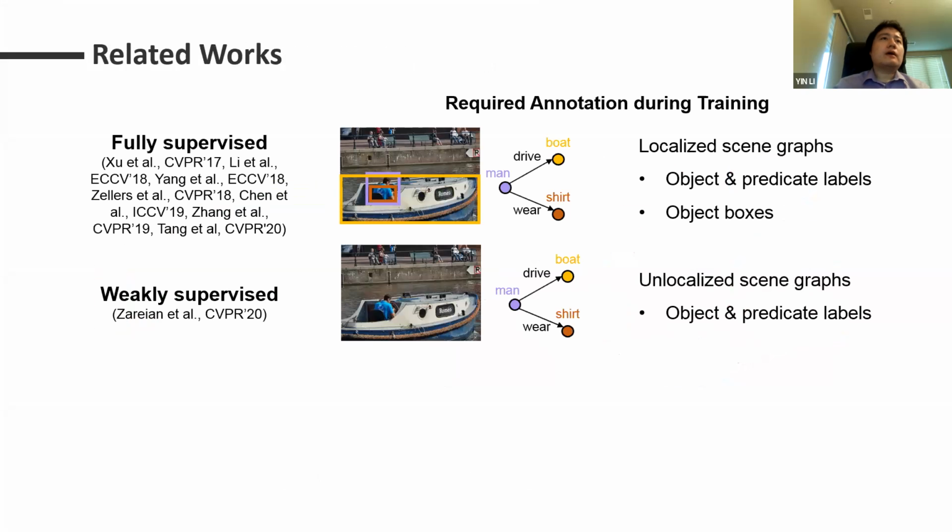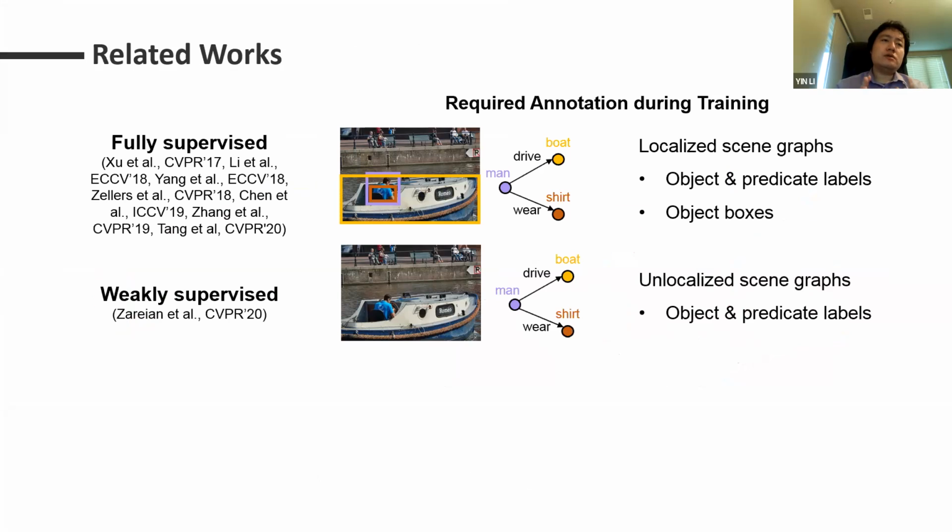Previous works on scene graph generation can be roughly divided into two parts. There's the fully supervised approach, where during training the model has access to both the image and the localized scene graph, manually annotated by humans.